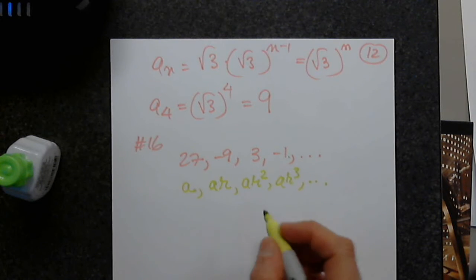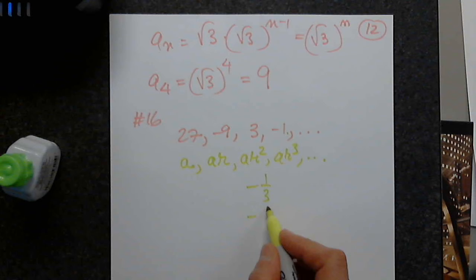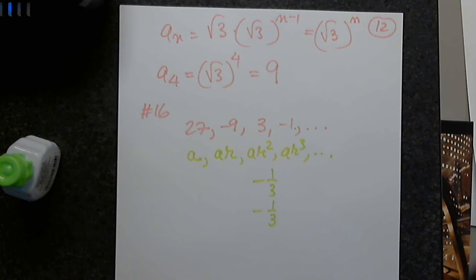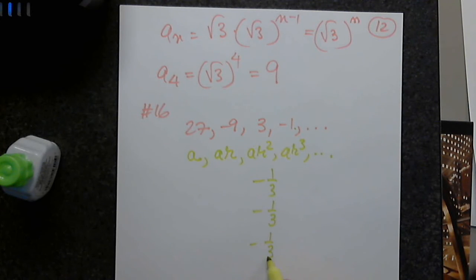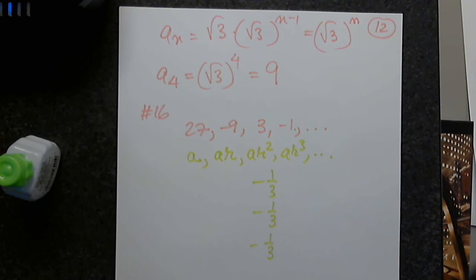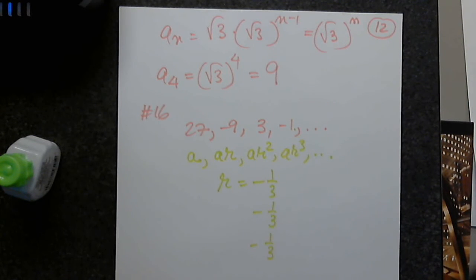So -1/3 is this over this. 3 over -9 is -1/3. And -9 over 27 is -1/3. So it appears that this is a geometric sequence, and the common ratio r is -1/3.